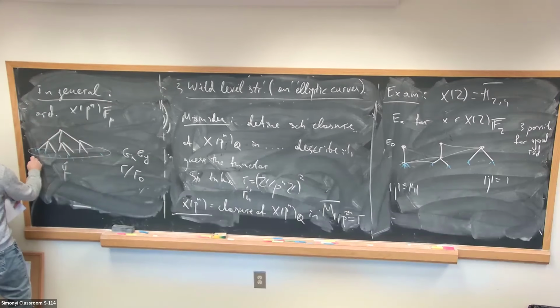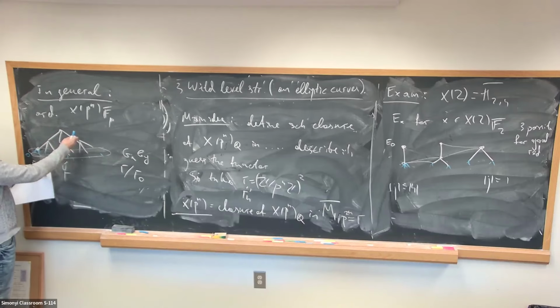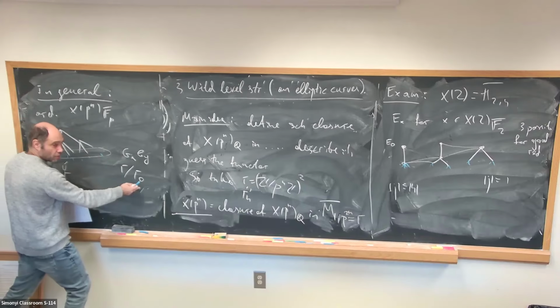Let's say if this is gamma 0, what sits in the connected component of 0. The J components are parameterized by gamma.